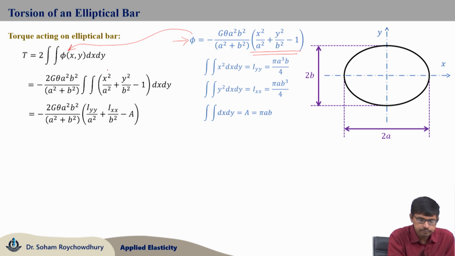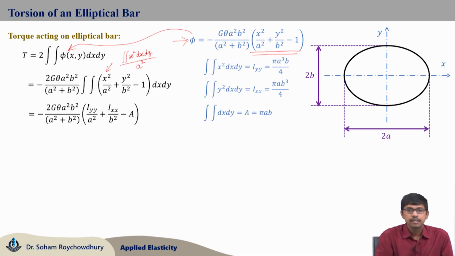So, this term is the double integral of x square dx dy divided by a square. Now, the double integral of x square dx dy over the total area is nothing but I yy, by the definition of the second moment of area about the y axis. So, this is I yy by a square, that is written here.